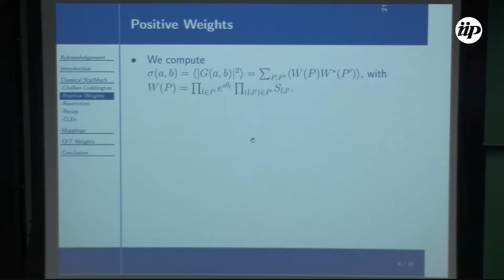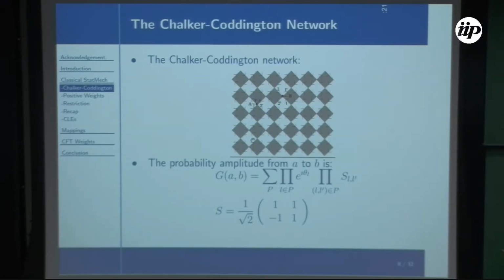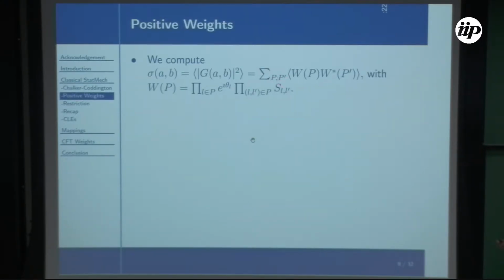And what we see is basically that what we want to compute is not the Green's function, but the absolute value squared of this Green function, and average over the disorder. Right? So to do that, we take this Green function, which was a sum over all paths, and square it, which means that we take pairs of paths, and then we take the weight, which is this expression that we associate with the path, times a complex conjugate one associated with the path p prime, and average over these phases theta.